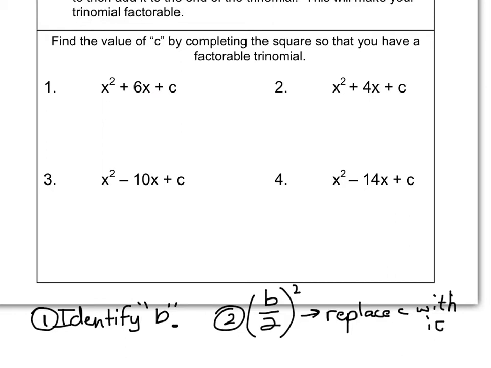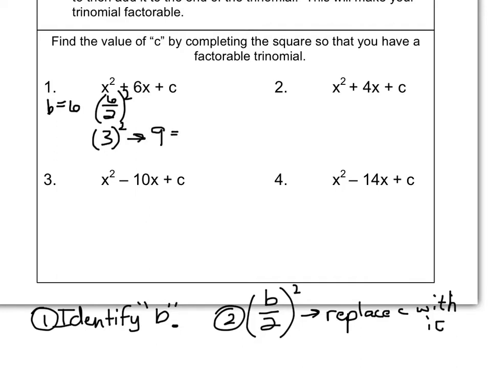First thing we need to do is identify B. As you look at this, you see that B is 6. So we're going to take the 6, divide it by 2, and square it. So 6 divided by 2 is 3, and 3 squared is 9.